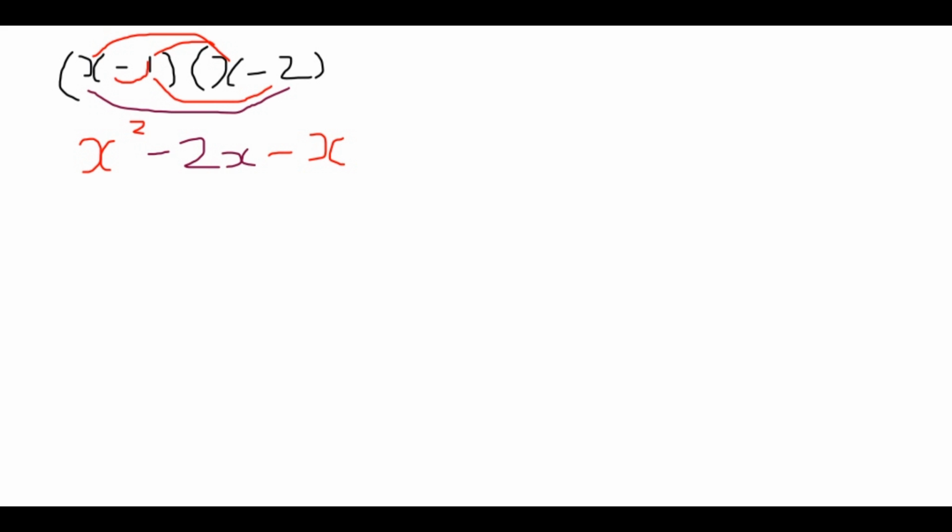A negative sign multiplies a negative sign, so in this case it will be a positive sign, so we have positive 2, because a minus sign times a negative sign is equal to a positive sign. So just take note of that. So if we combine the like terms, we'll have x squared minus 3x plus 2.